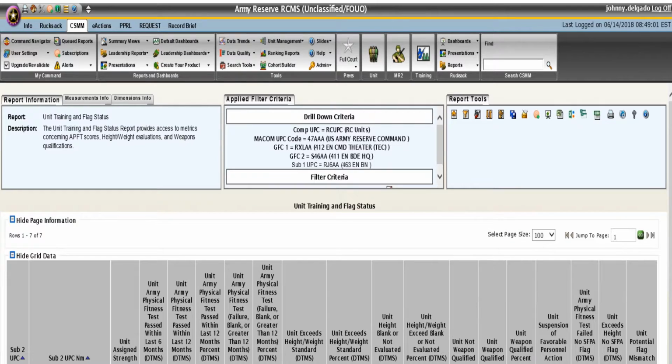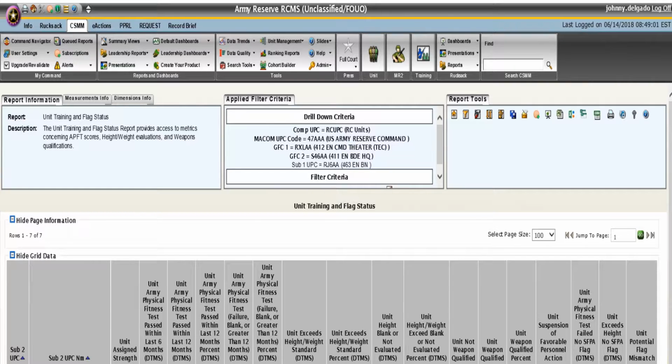Also, a couple of things that you can look at that are important on this report. You want to find out whose APFTs are blank or failed in the last 12 months. It's right there for you. It's really simple. You want to find out within the last 6 months. If you're putting in a promotion packet, your APFT packet should have a test within 6 months.